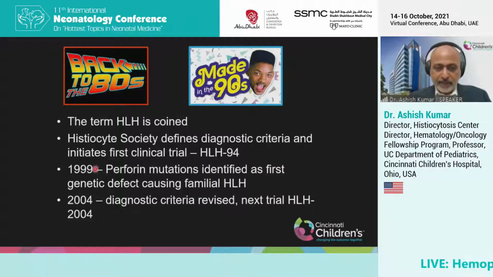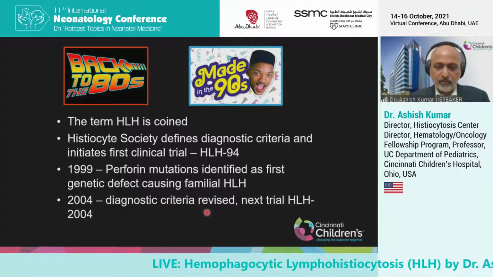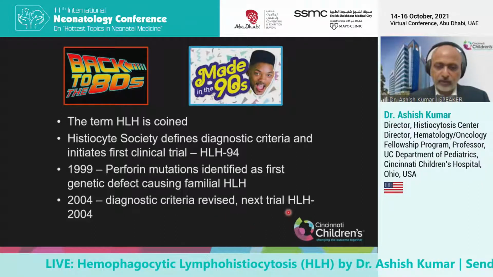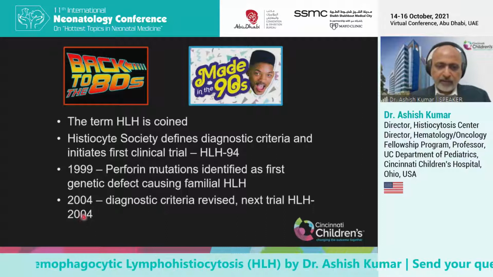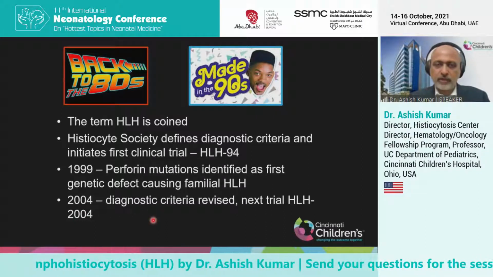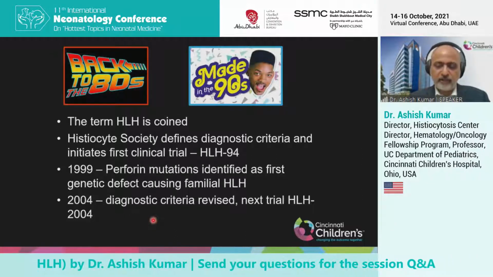In 1999, the first genetic defect mutations in a gene called perforin were identified. And then in 2004, the diagnostic criteria were revised, and the next clinical trial was initiated, called HLH-2004. The diagnostic criteria from HLH-2004 are what most physicians use to diagnose HLH today.